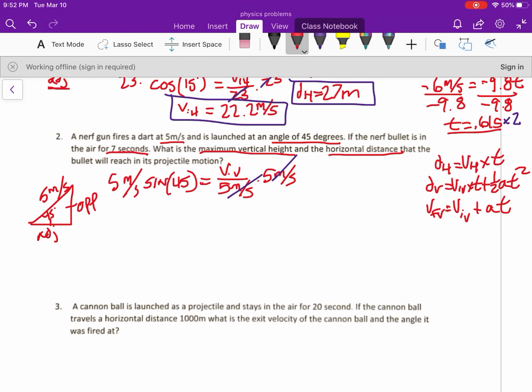And when I solve this, I take sine of 45 times 5 and that gets me 3.5 meters per second. So my initial vertical is equal to my initial horizontal because it's a 45, 45, 90 right triangle, which they are both equal to 3.5 meters per second.